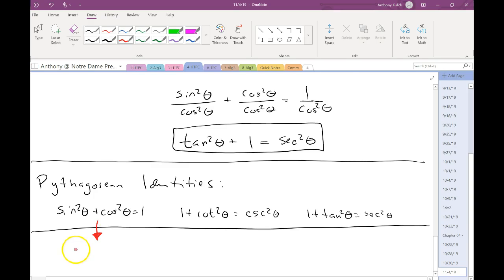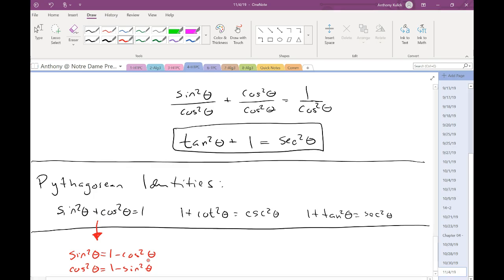So I can do a little bit of rearranging on these by adding or subtracting things from both sides. So for example, I could rearrange this by subtracting cosine squared from both sides to write this identity in terms of sine squareds. Or similarly, I could subtract sine squared from both sides to write it in terms of cosine squareds. So those are also options.